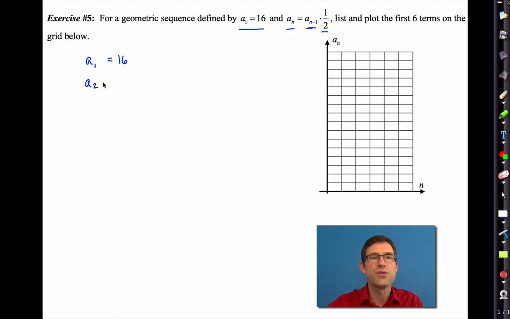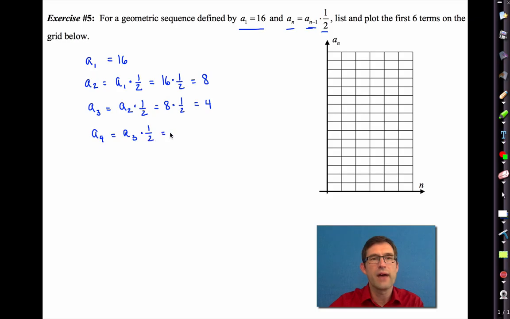So a sub 2 will be a sub 1 times 1/2. So that'll be 16 times 1/2, which is 8. A sub 3 will be a sub 2 times 1/2, which will be 8 times 1/2, which is 4. A sub 4 will be a sub 3 times 1/2, which is 4 times 1/2, which is 2.